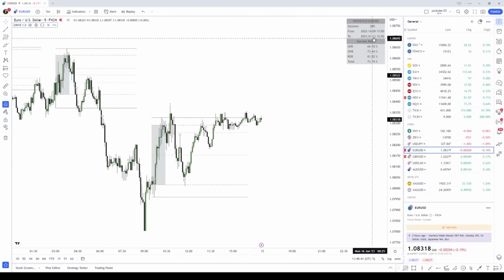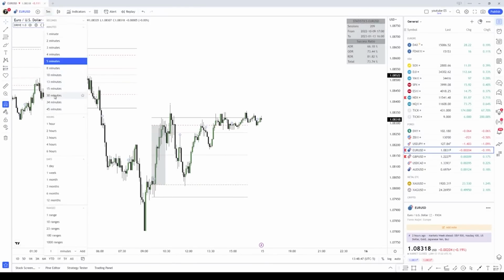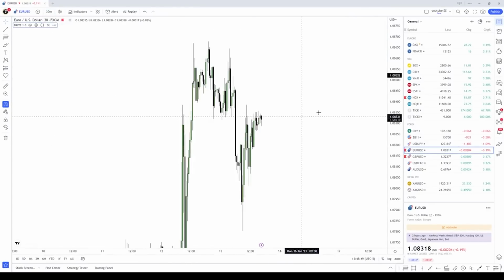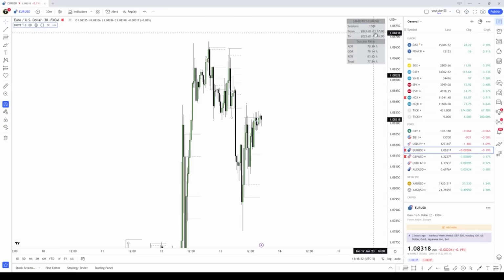And if I say, okay, 209 sessions, that's not enough, then switch simply to the 30 minutes time frame. And you will get a total of 1600 sessions. So that's from the 3rd of January of 21 till the 13th of January of 23. So 2 years of data. And here you have your stats.